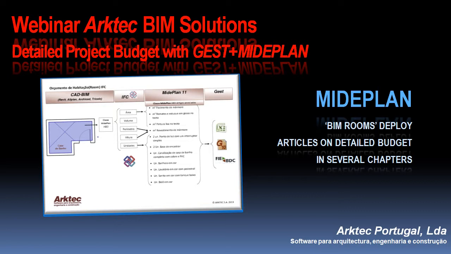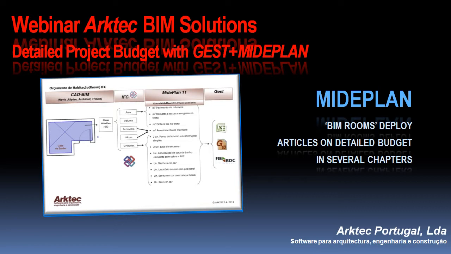For example, a simple IFC wall can deploy its structural parts, its structural resources, but also several other items in the detailed project budget, like the wall insulating and coating, electricity installation, points of light, plumbing installation, etc. at the same moment. In resume, we can start our detailed budgeting in an early level of detail model, saving time and increasing productivity. This same process can be applied to the elements defined in the BIM model, as we'll see in the next level.